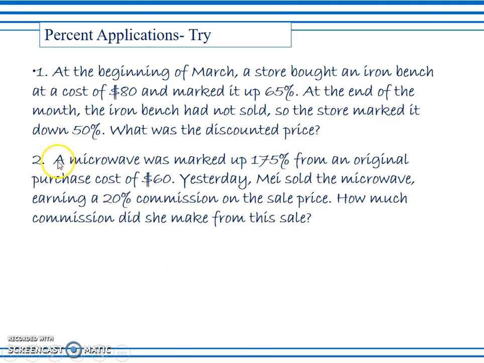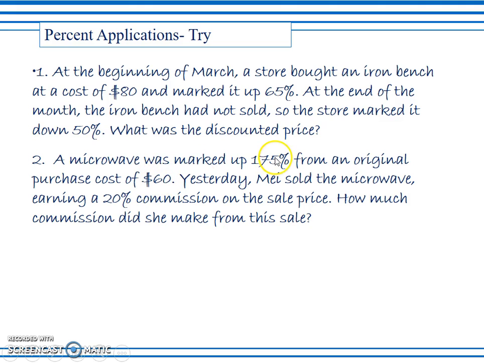And here's another problem. A microwave was marked up 175% from an original purchase of $60. Yesterday, May sold the microwave, earning a 20% commission on the sale price. How much commission did she make from this sale? So first I need to find 175% of the $60.